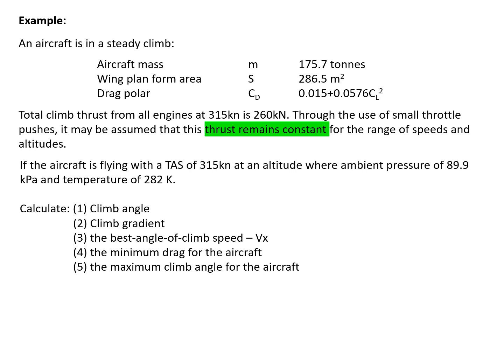So calculate the climb angle, climb gradient, best angle of climb speed Vx, the minimum drag for the aircraft, and the maximum climb angle for the aircraft. So, 5 parameters to be calculated.